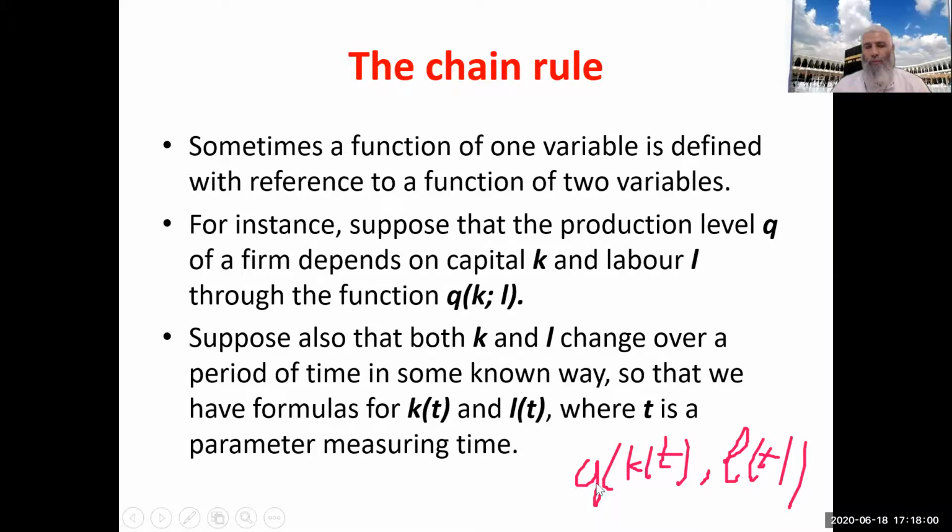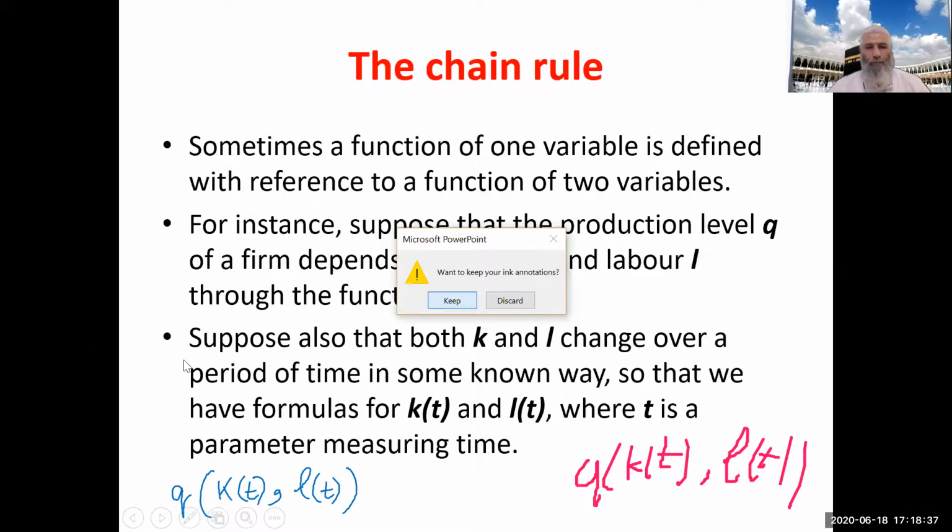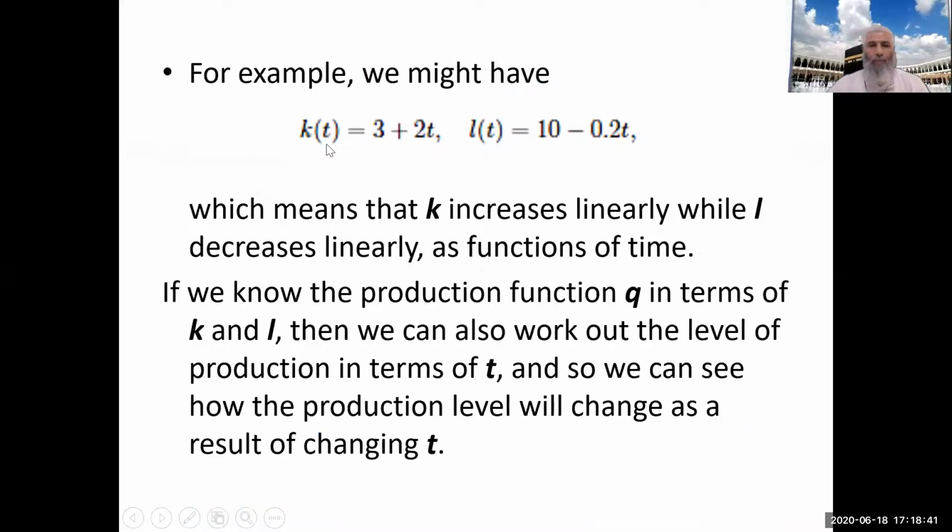So now Q of K of t and L of t. Can you see this, or not? We now have Q of K of t and L of t, not just Q of K and L. For example, we might have K(t) equals 3 plus 2t and L(t) equals 10 minus 0.2t, which means that K increases linearly while L decreases linearly as functions of time.